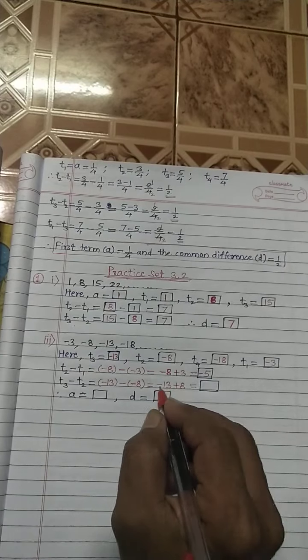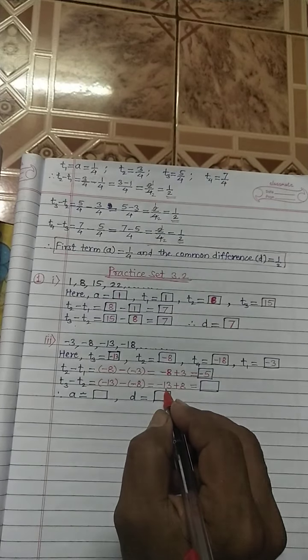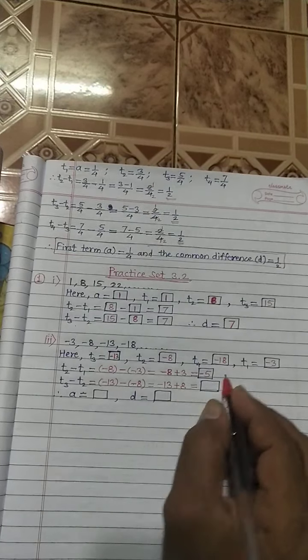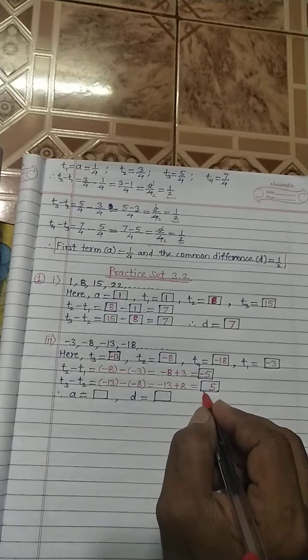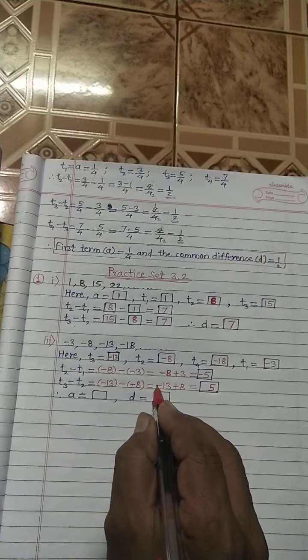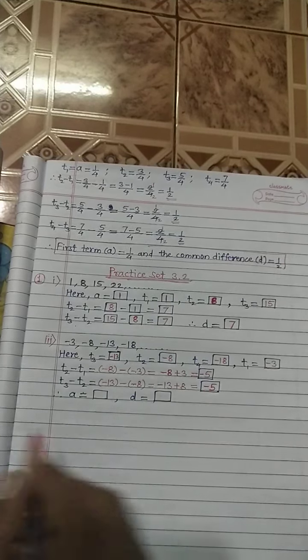Here the signs are different, so I have to subtract them. The bigger number is 13, the smaller number is 8. So 13 minus 8 is 5, and the sign of the bigger number 13 is minus. So the answer is minus 5.